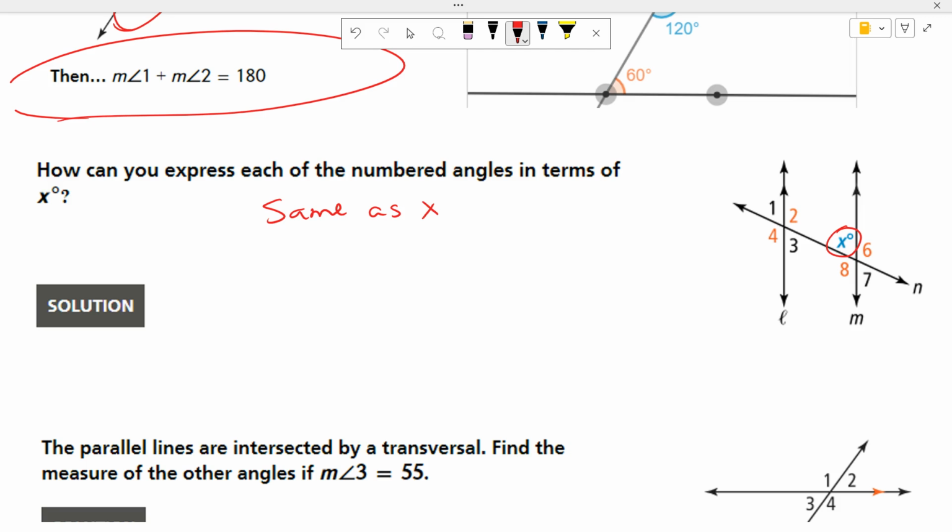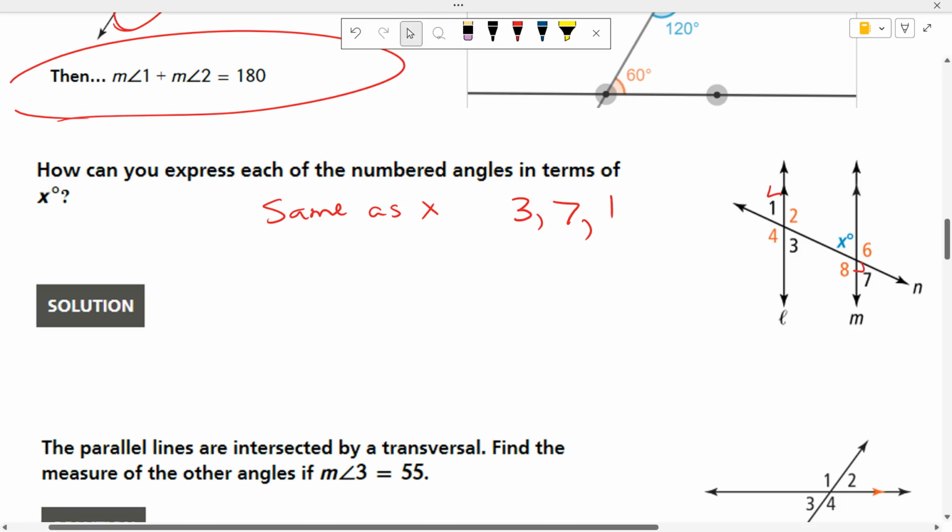Chris, what's one of them? 3 is the same size because it's alternate interior. What's another one, Hazel? 7, because it's a vertical angle. What's another one, Bodie? 1, because it's corresponding. Corresponding angle, alternate interior angle, vertical angle. Okay, those are all types of congruent angles.